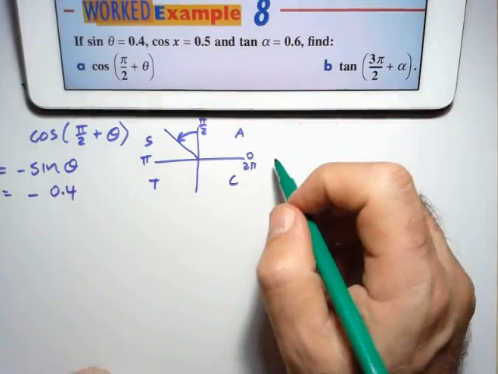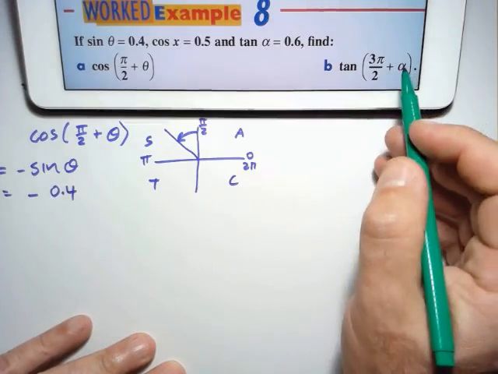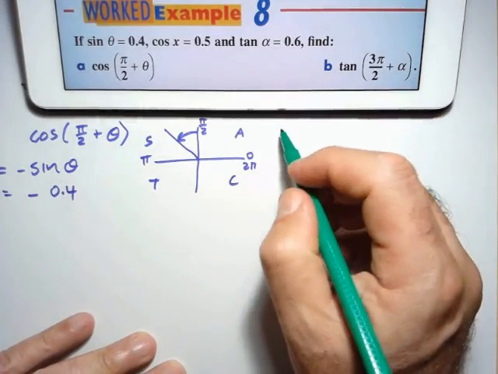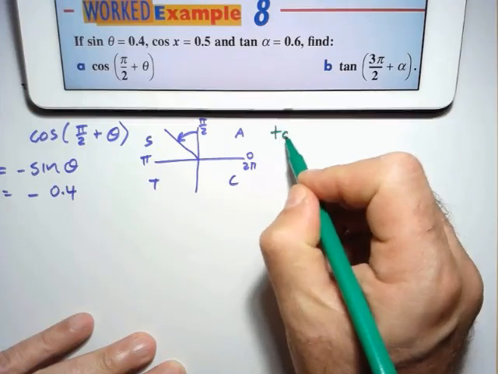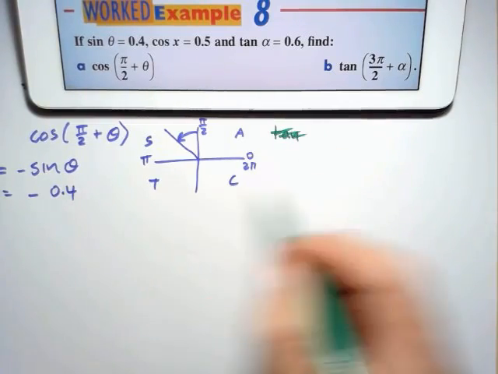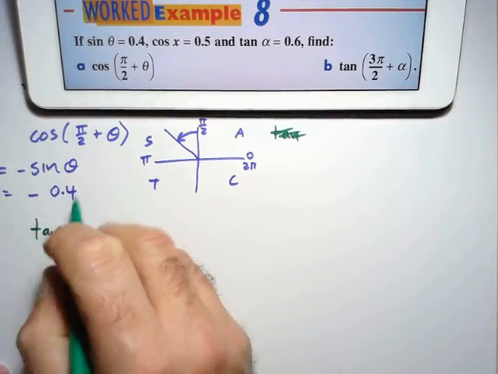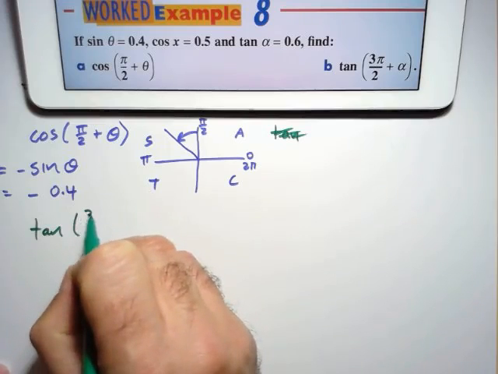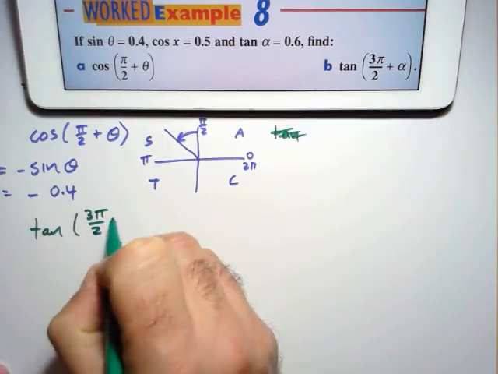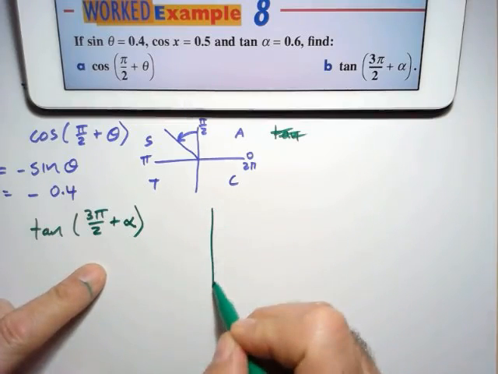There's a few ways to do tangent. If I say the tangent, now I'm working with alpha. So when I say the tan of alpha, I'm going to start here and just move over. If I say the tan of 3 pi over 2 plus alpha, I'm going to draw my CAST diagram.